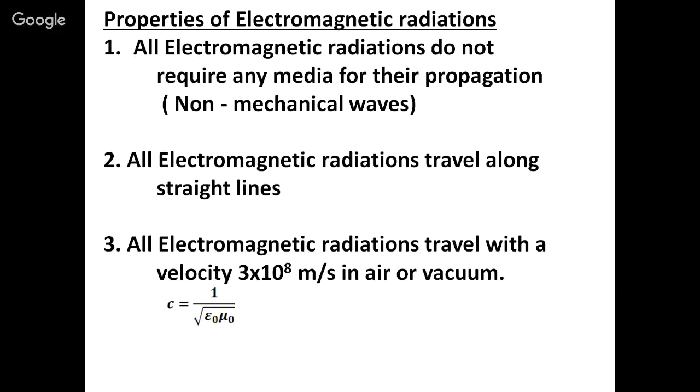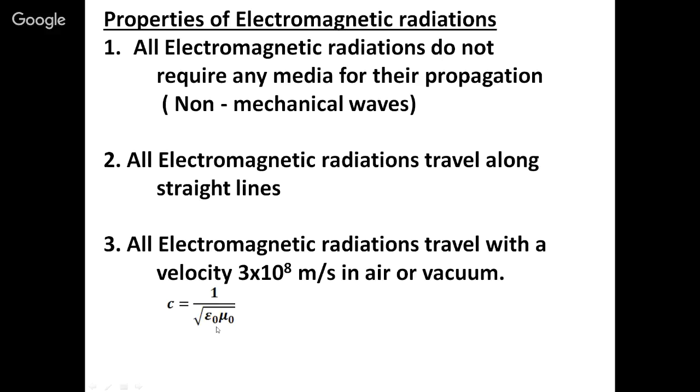When I say 3 into 10 to the power 8 meter per second, this is not the velocity in all media. Light can pass through different media like glass, water, diamond, air, and so on. Only in air or vacuum is this the value, and it is given by c equals 1 by square root of epsilon naught into mu naught, where we call them permeability of free space and permittivity of free space.